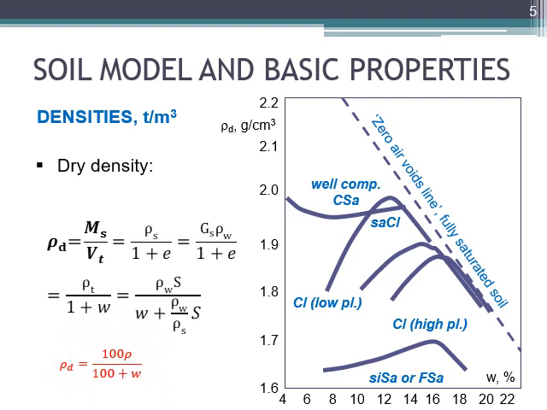Basically, this formula is the same as this formula. The only difference is that if you express the water content in percent, you will have to use this formula. If you express the water content simply as a ratio, you will use this formula.